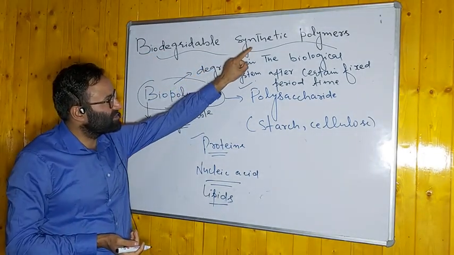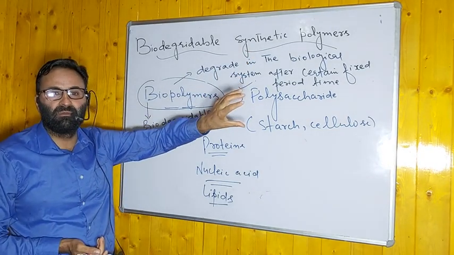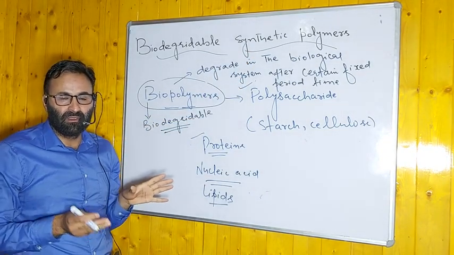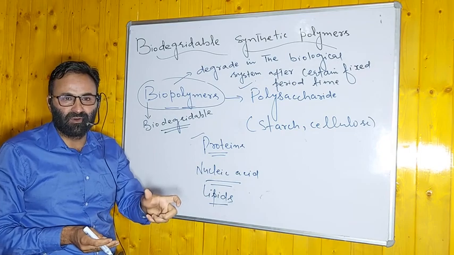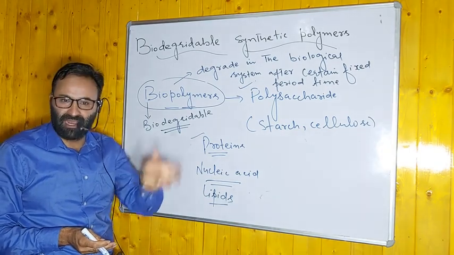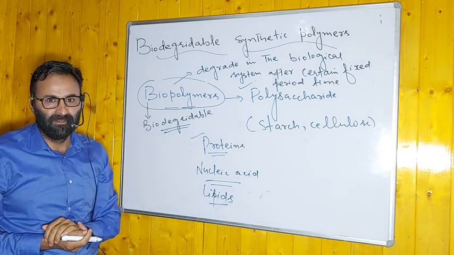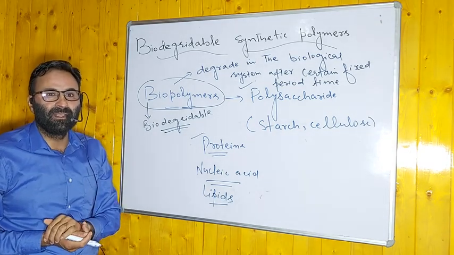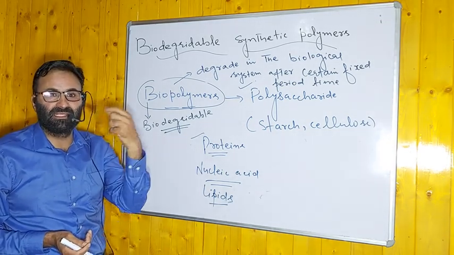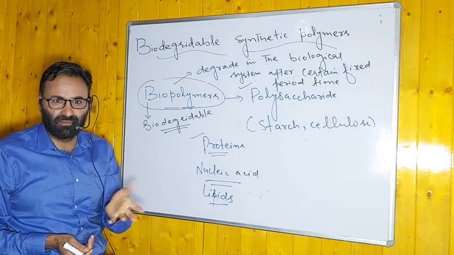Why do we try to synthesize synthetic polymers which are biodegradable? If you have polythene, that is a synthetic polymer. If you have PVC, polyvinyl chloride, that is a synthetic polymer. But they have the problem, they are non-biodegradable. Polythene is non-biodegradable, PVC non-biodegradable.